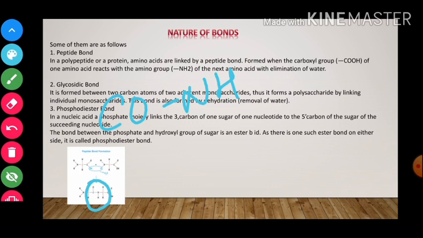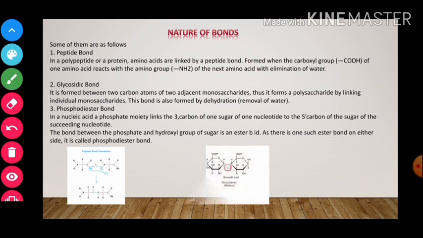The next category which we discuss is the glycosidic bond. So here on your screen is the picture of glycosidic bond. Children, in polysaccharides, monosaccharides are linked by 1,4 glycosidic bond.